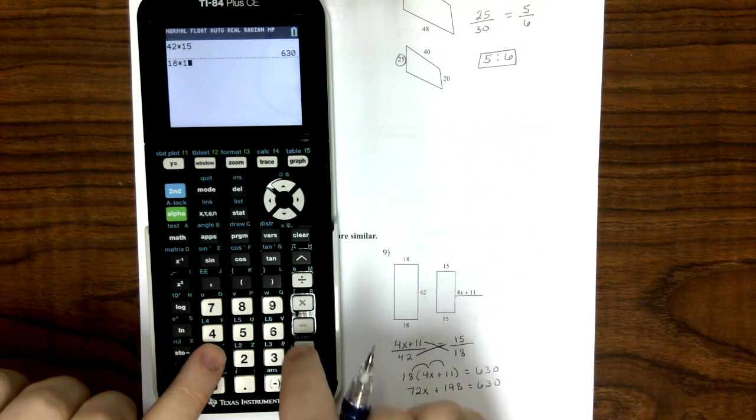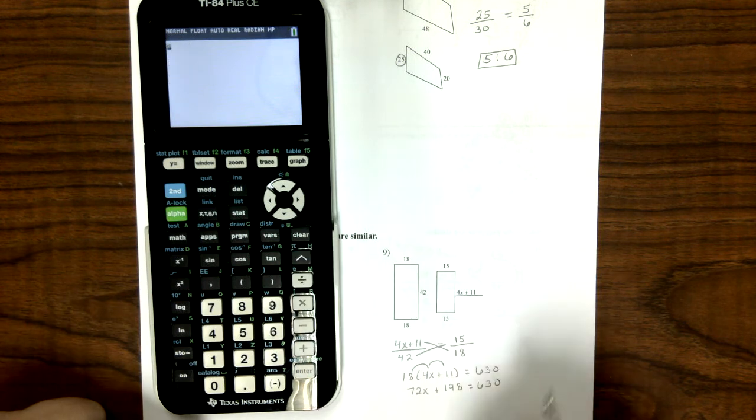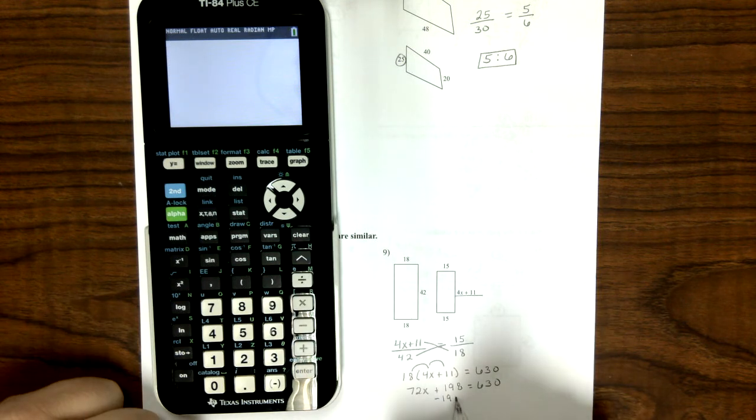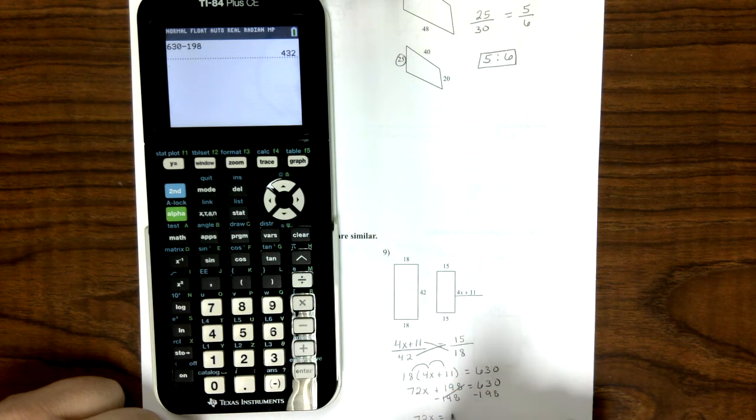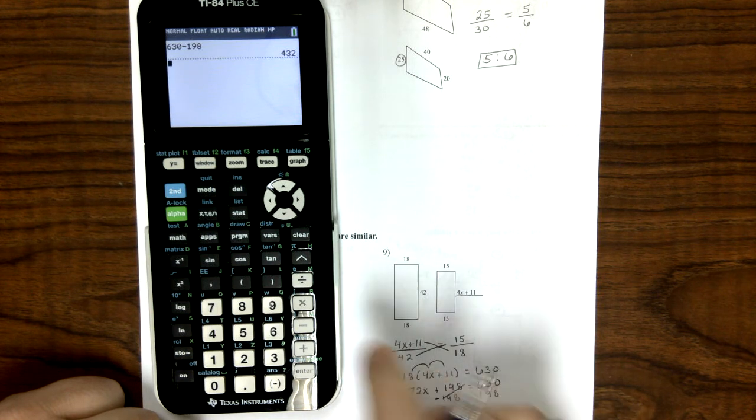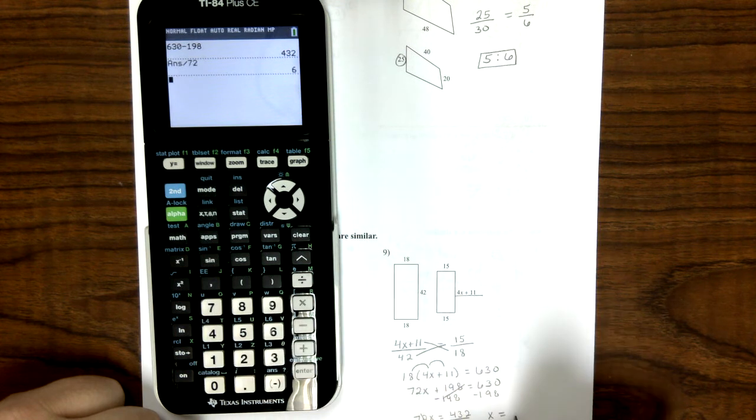I think. Yep. Now we'll subtract 198. 72x equals 630 minus 198. We get 432. Now we'll divide by 72. So x is going to equal 6.